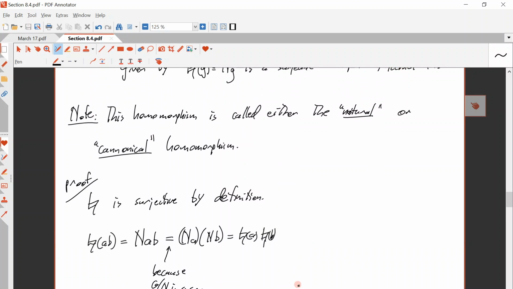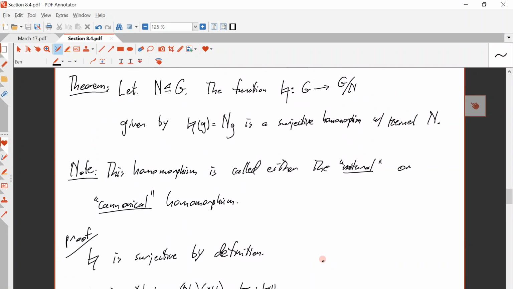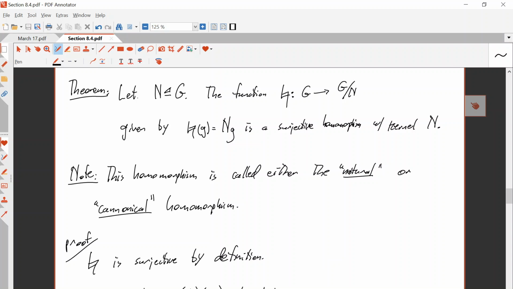Right, it's just all by definition, really. All right, so given a normal subgroup N, this theorem gives you a surjective homomorphism with the kernel equal to N.